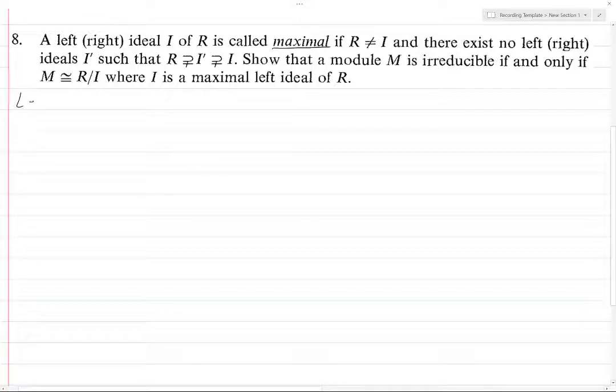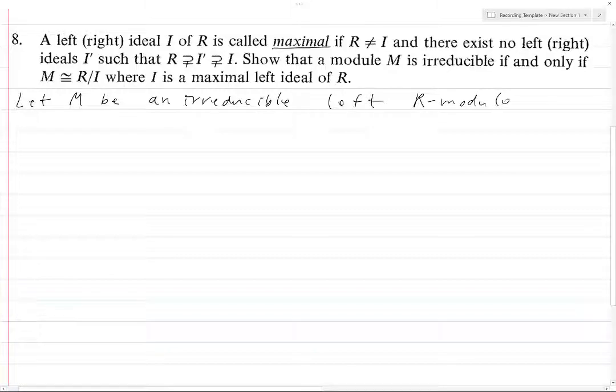So let M be an irreducible left R-module.